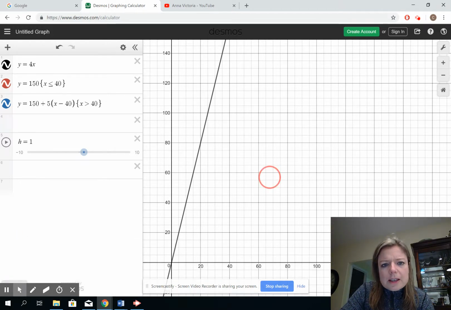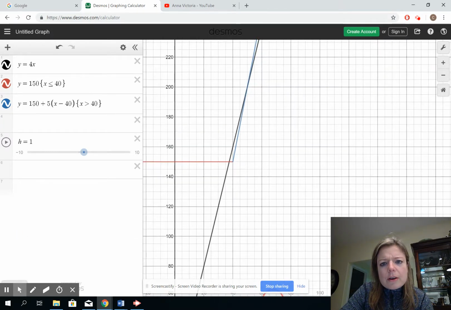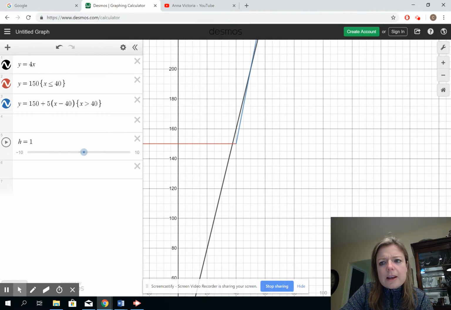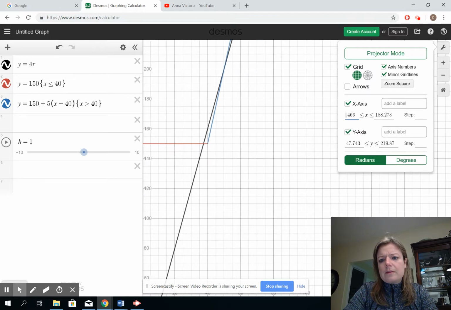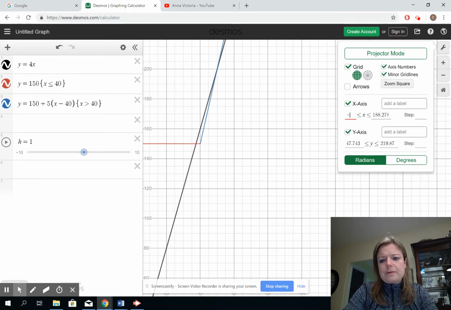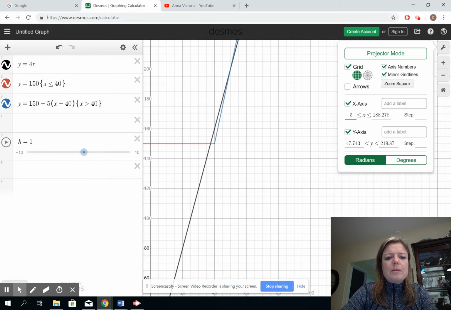Okay, so notice that you cannot see this here. So one option is just to scroll out and around until you can see what's going on. Or another option is to go to the graph settings here, and you can change the lowest and highest that you see on the x-axis, and the lowest and highest on the y-axis. So I'm going to change the lowest x that I see to -5, because I want to see a little bit to the negative.